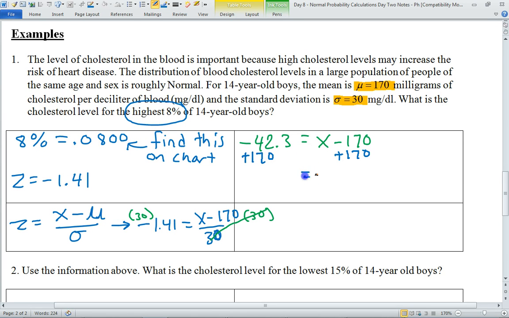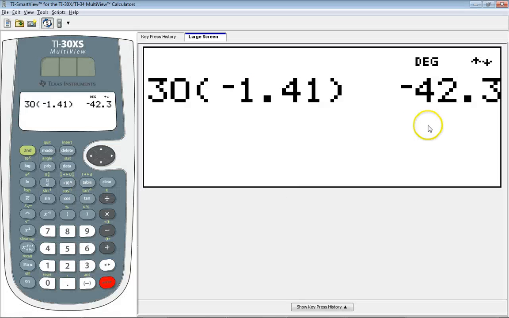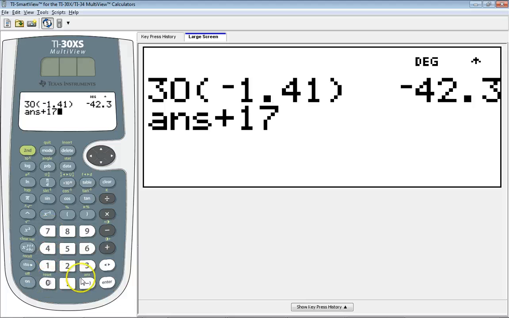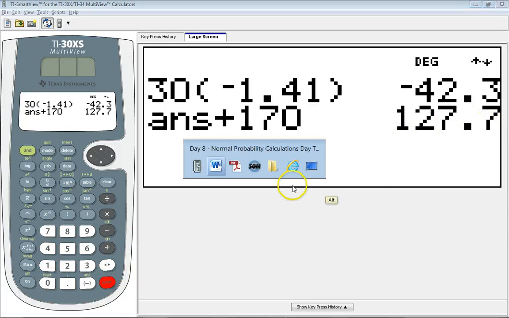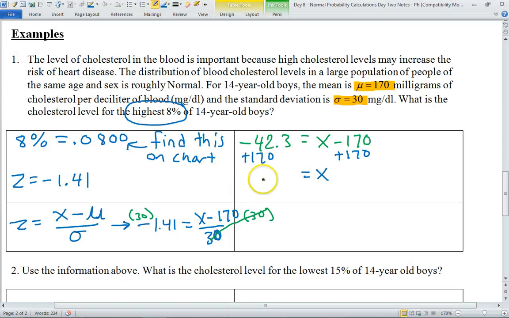So plus 170 gives 127.7. Okay, this is the value I was looking for. I wanted to know what cholesterol level is the highest 8%.